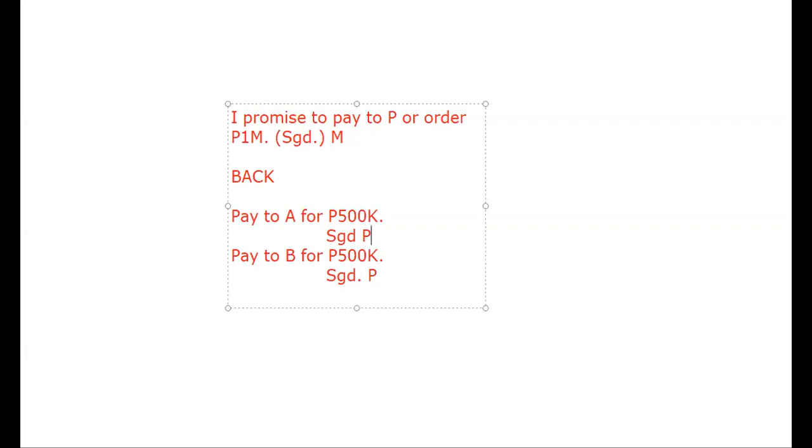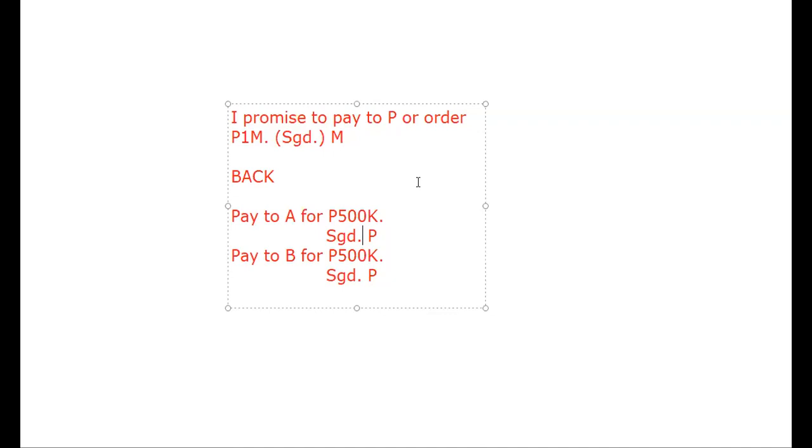In that particular case, was there already proper endorsement? Because 500,000 was earlier given to A, another 500,000 was likewise given in favor of B. So it is now an endorsement of the entire amount of 1 million. Okay? Having been made by the same payee, Mr. P. So question, is that already proper endorsement? Tama na ba?